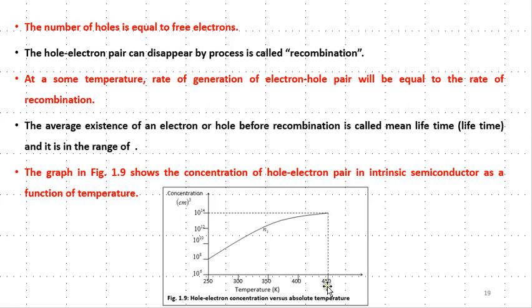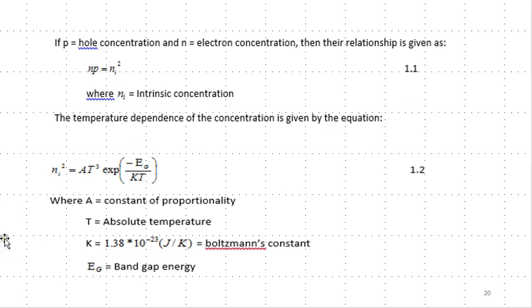You can see that when the temperature reached 450 Kelvin, the number of bonds broken is only 10 raised to power 14. If you say 10 raised to power 14 all over 10 raised to power 23, it will give you 10 raised to power 9. That is 1 over 1 billion. Even with this increase in temperature to 450 Kelvin, the number of bonds broken is very small. Therefore, the conductivity of pure semiconductors is not sufficient.